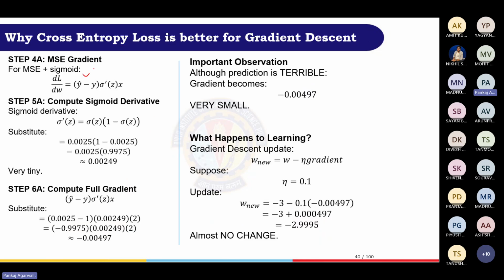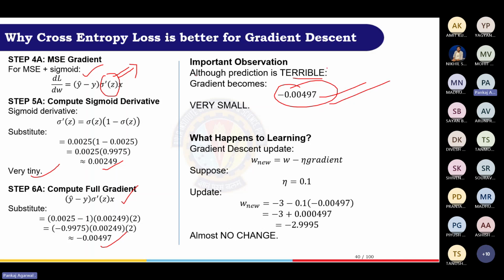Then I have applied MSE plus sigmoid over here. This is the term which is the issue; this particular term creates the entire problem, right? You compute the sigmoid derivative, you get this, a very small value. Then you compute the full gradient, you get this. So what is the observation? Although the prediction is terrible, the gradient becomes only this.